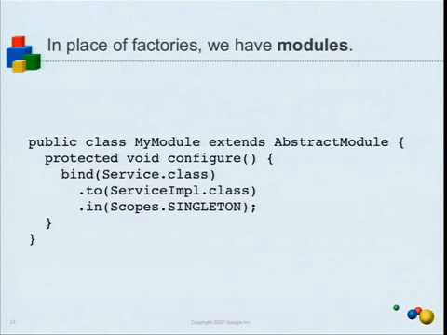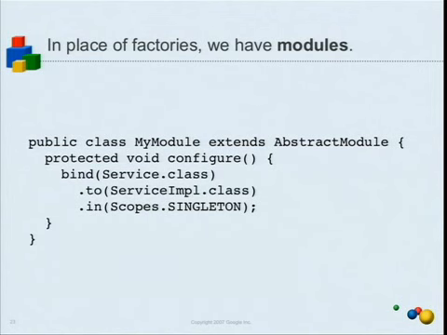So instead of having these factory classes, service factory and client factory, all that boilerplate code, in Guice you configure things declaratively. Instead of having service factory, I just implement this interface called module, and this is how I configure Guice.